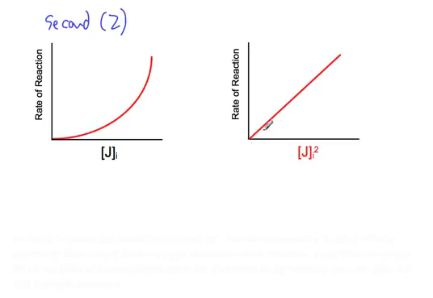And essentially, again, what it says is, as you raise the concentration of J to the second power, the rate changes accordingly, and so that's a pretty common reaction order as well, second order.